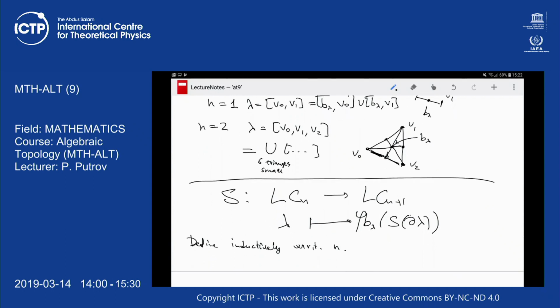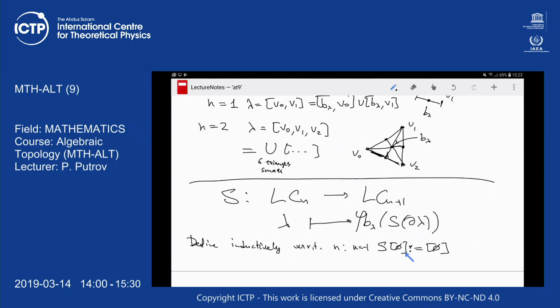We first define it for n equals -1. There is only an empty sequence, and the result is again an empty sequence. So this is the definition of the base.